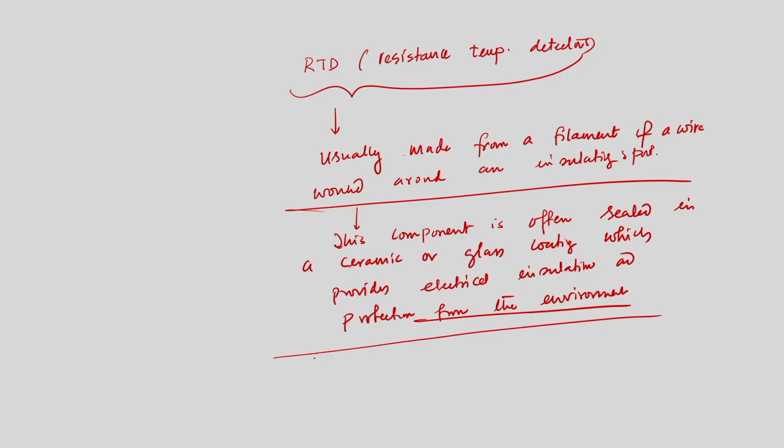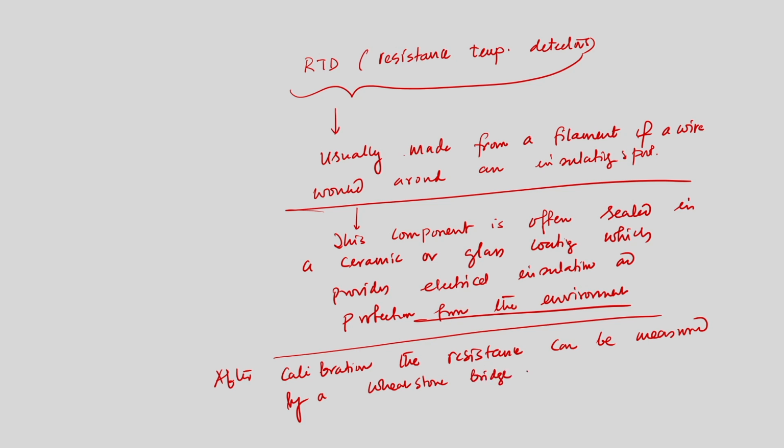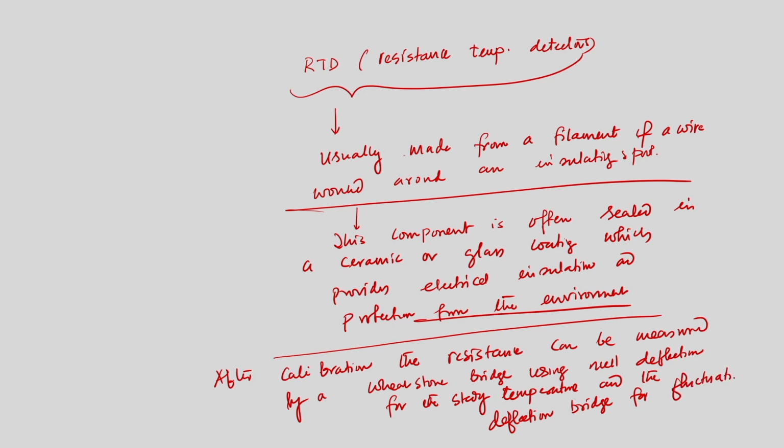So, this is important to know that after calibration, the resistance can be measured by a Wheatstone bridge using null deflection, of course for the steady temperature, and the deflection bridge for fluctuating temperature.